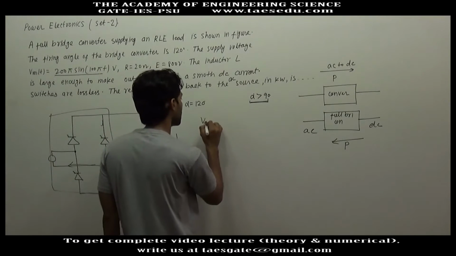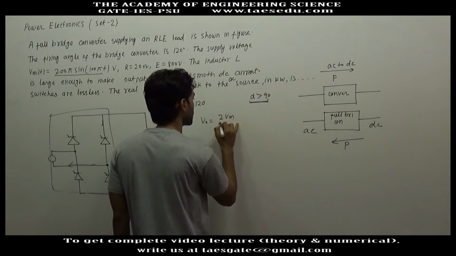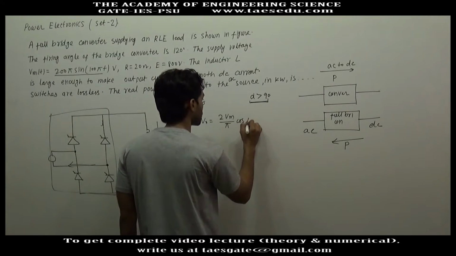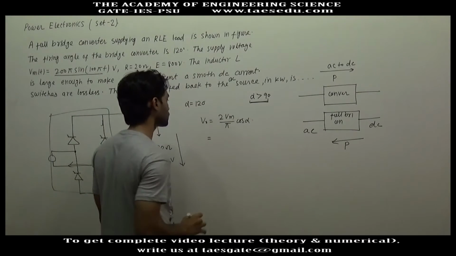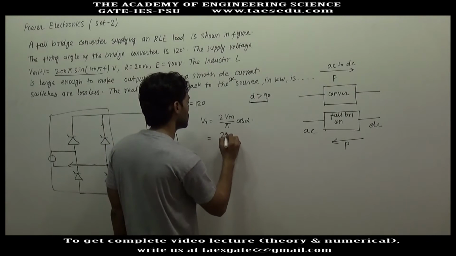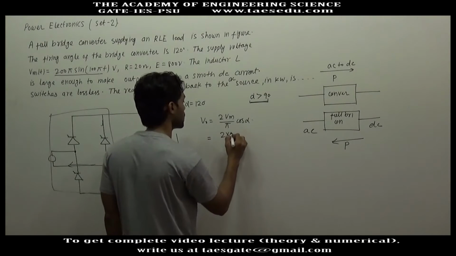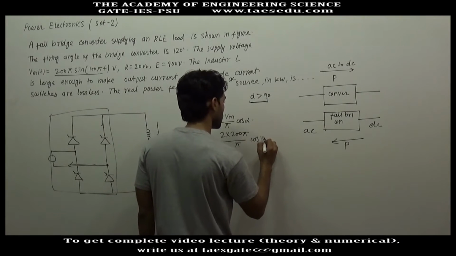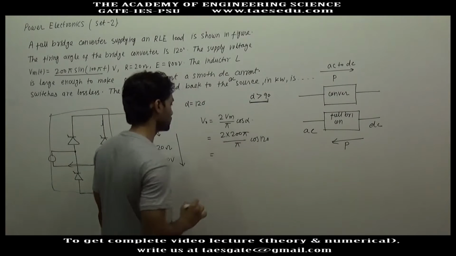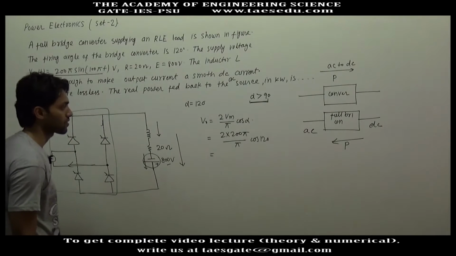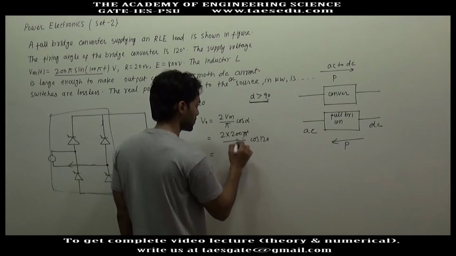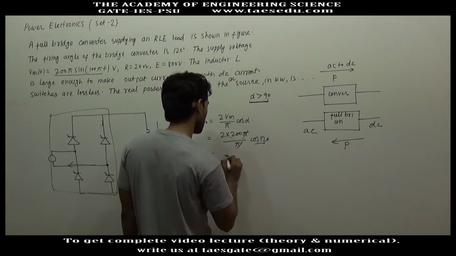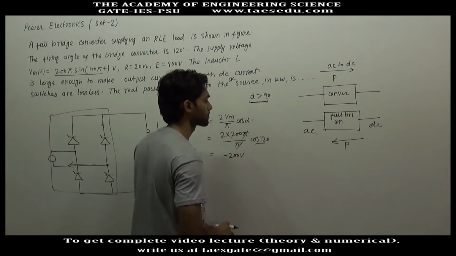The average voltage V0 is 2 Vm divided by pi cos alpha. 2 Vm is 200 pi divided by pi cos 120 degree. This will give you 400 into minus 1 by 2, minus 200 volt.